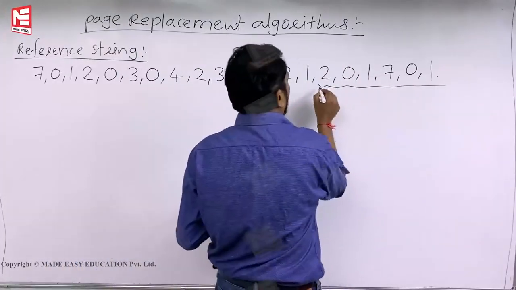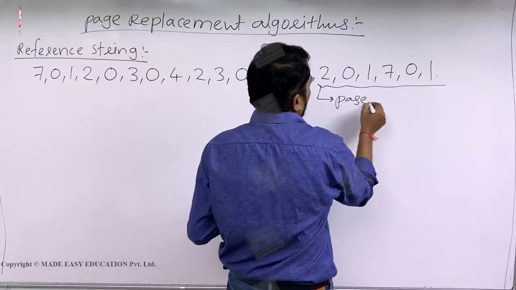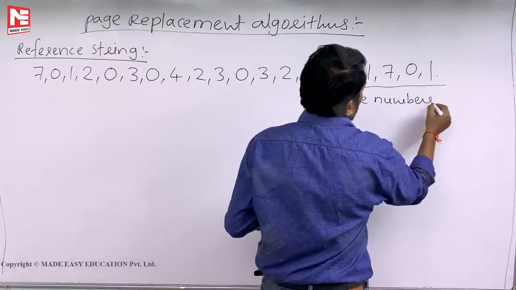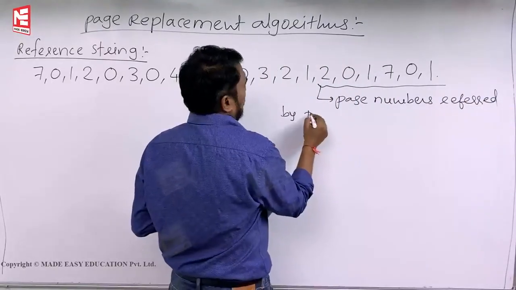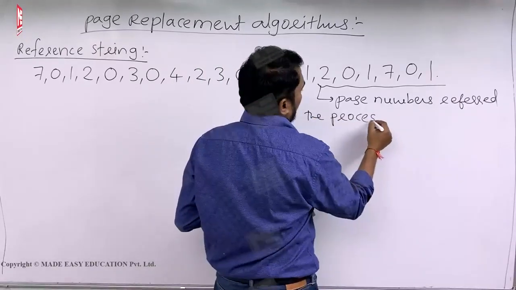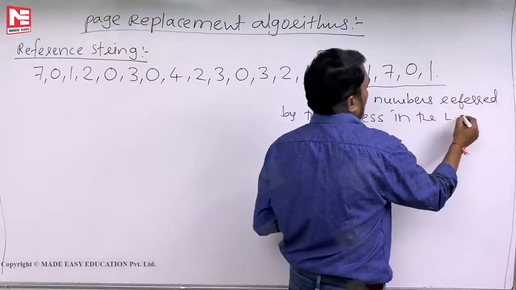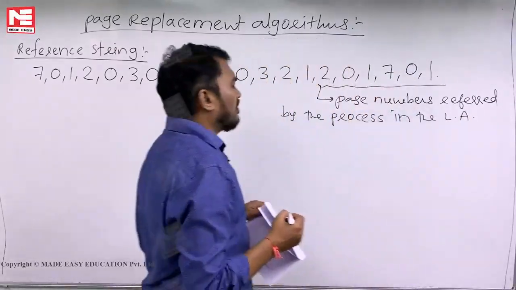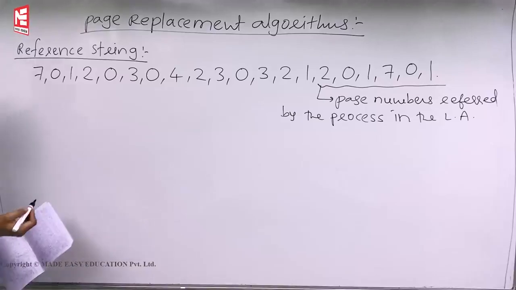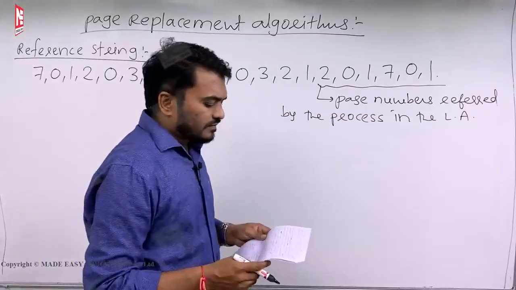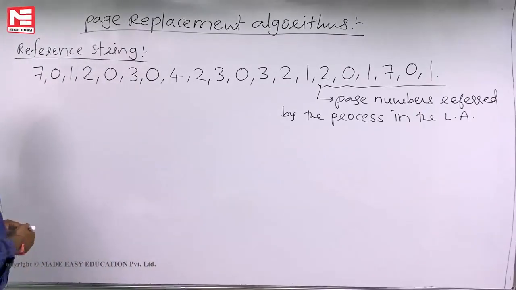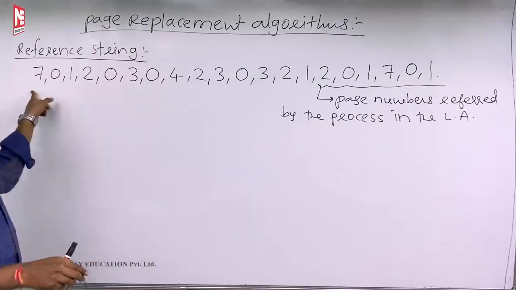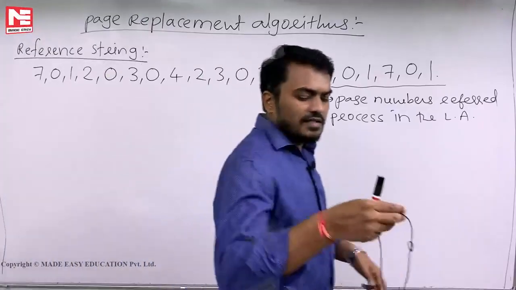So this is the reference string given to you. Reference string means I am writing here the page numbers referred by the process in the logical address. Please copy this completely and properly. I'll explain all that.